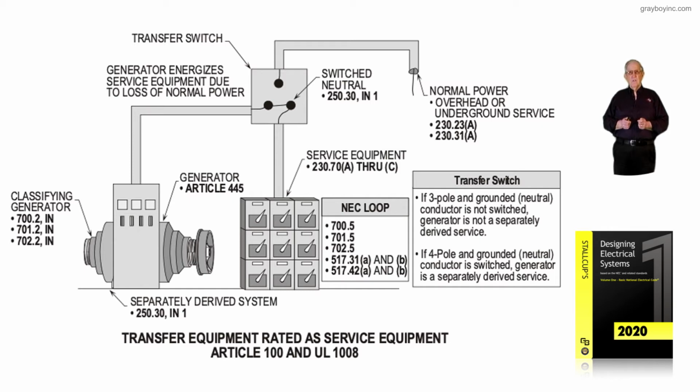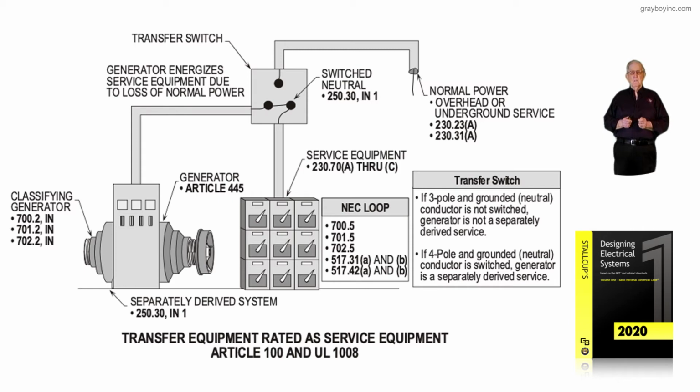Now notice the transfer switch is identified and classified as a 3-pole or 4-pole in accordance with 250.30 informational note 1 or 2. Now basically it's a 3-pole if you do not switch the grounded neutral. In other words, the neutral would be grounded at the service and, so to speak, back to the utilities in some cases.